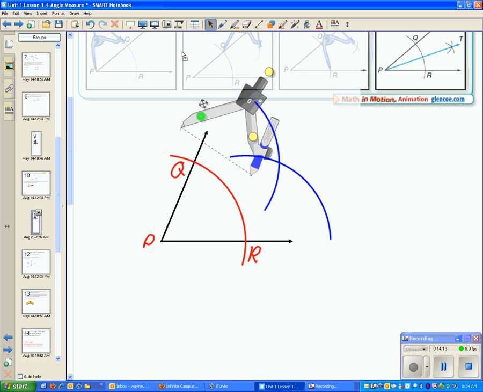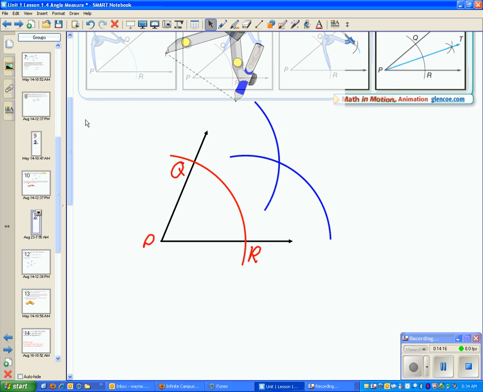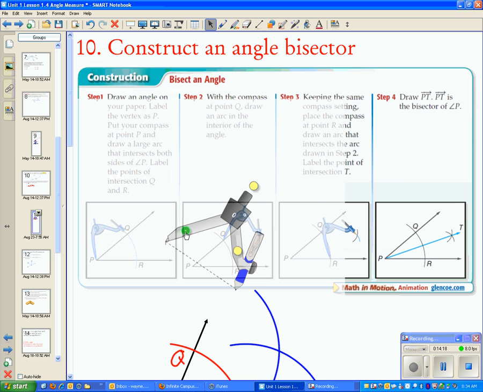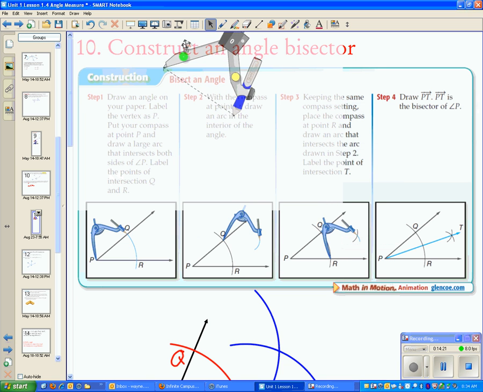All right. Let's name that intersection of the blue arc. The book calls it T, so we will too.